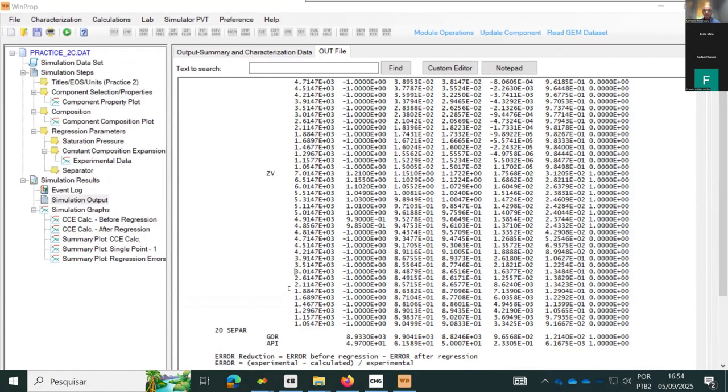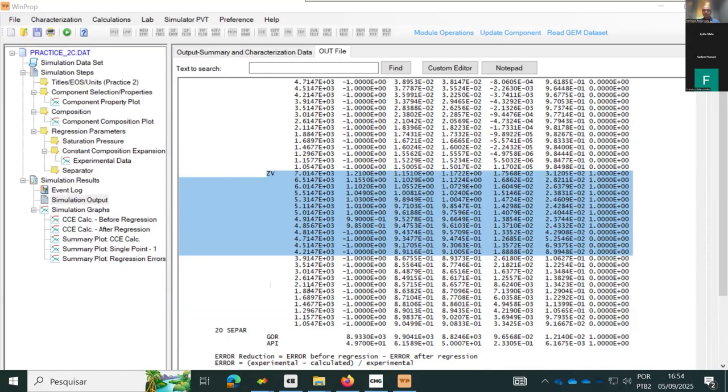Important to point out that at lower pressure, I'm more concerned about higher pressure, okay, because it's the operational pressure. Those are the pressures to operate the reservoir. At lower pressure, probably I will not operate this reservoir.